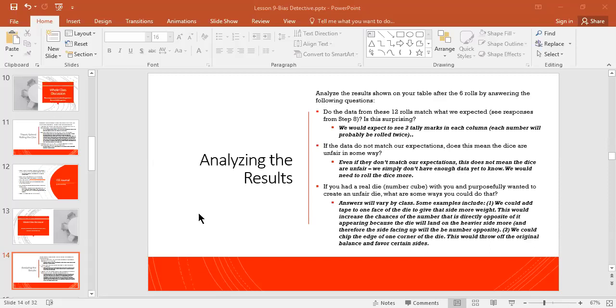Good, okay. So does this mean the dice in the system were biased? Does it mean that they were unfair in any way? Okay. So no, non-biased?